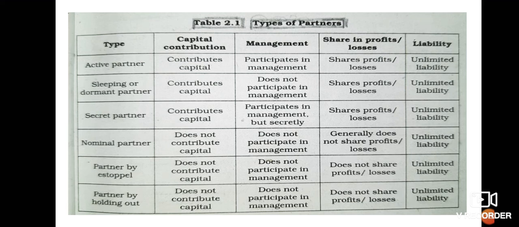That is why he is also having unlimited liability. However, partner by holding out can clarify that he is not a member of the partnership, and he can avoid this unlimited liability. Okay, so everything we have done in online classes also, children.